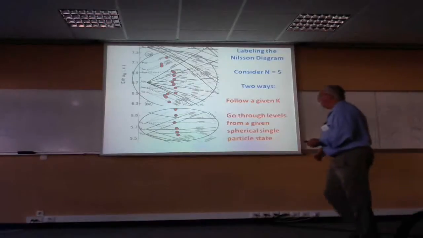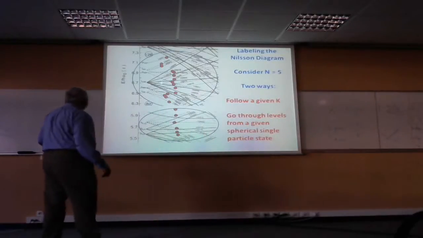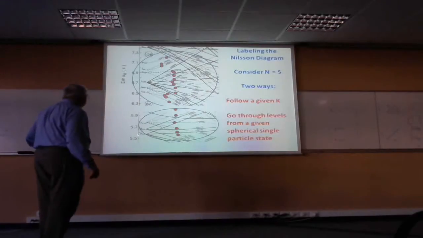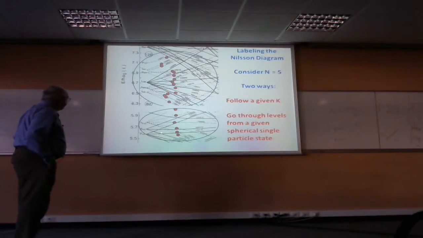So I blew up the 82 to 126 section and also the 50 to 82, because the H11 halves, this is mostly n equals 5, right? Oscillator shell 5: F7 halves, H9 halves, P3 halves, F5 halves, P1 half. But because of the spin orbit force in the shell model, the H11 halves is also a member of that oscillator shell, and it's going down to the next shell below.